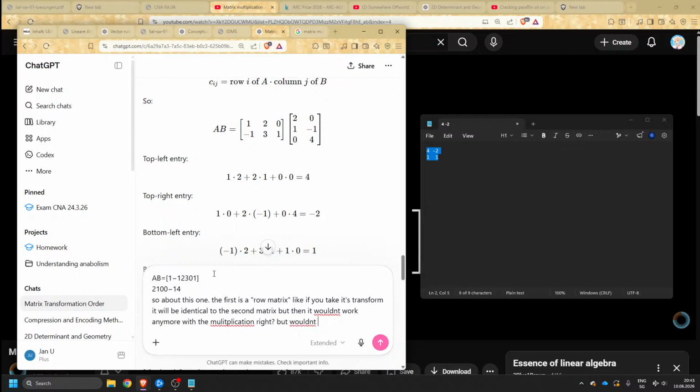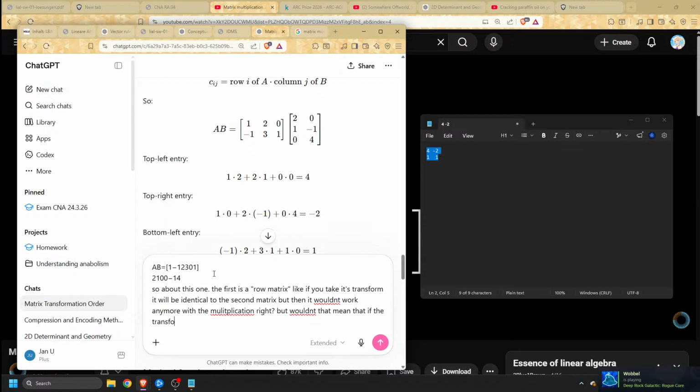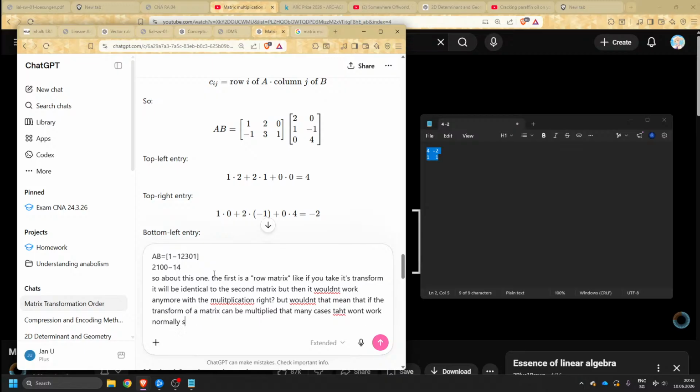But wouldn't that mean that if the transform... many cases that won't work normally? Work in the rows and columns match.